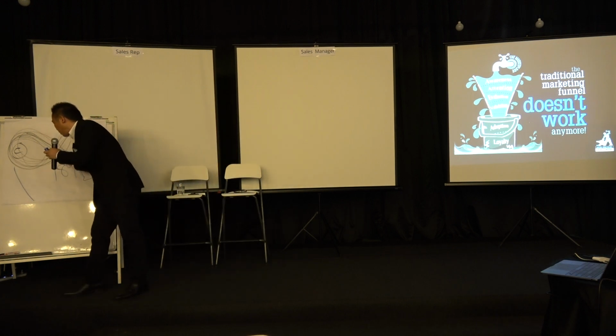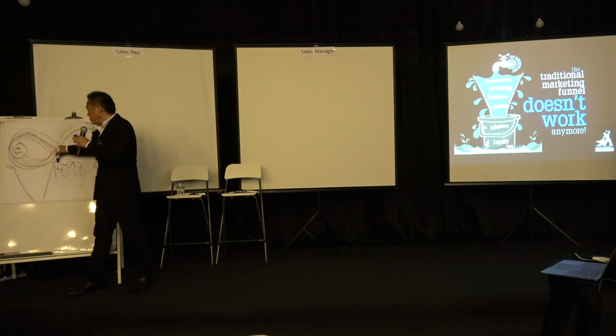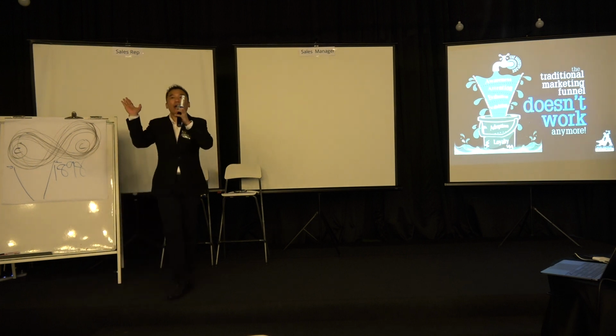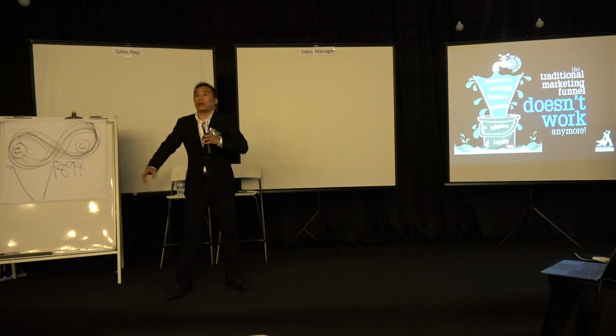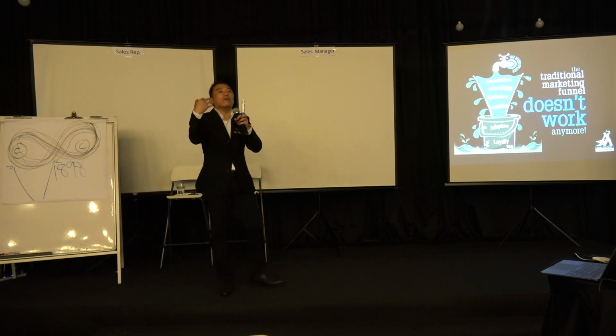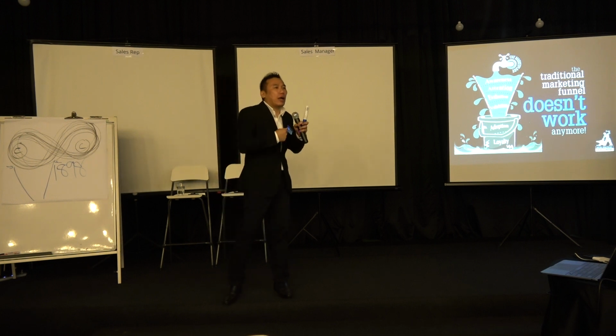The funnel looks like this, right? This is a wide top, right? So what is the problem here? When you have a wide top, and then you funnel and funnel and funnel, what happens is that you generate a lot of leads. You spend a lot of advertising dollars.